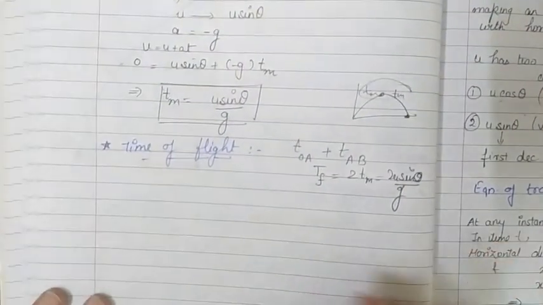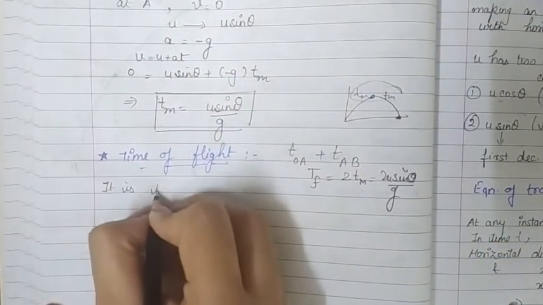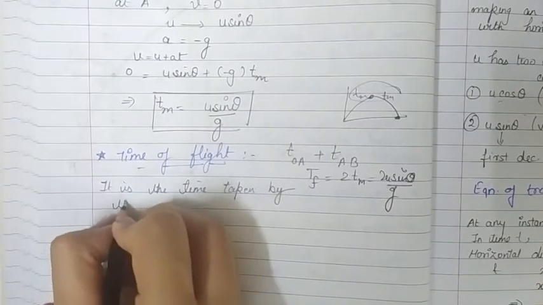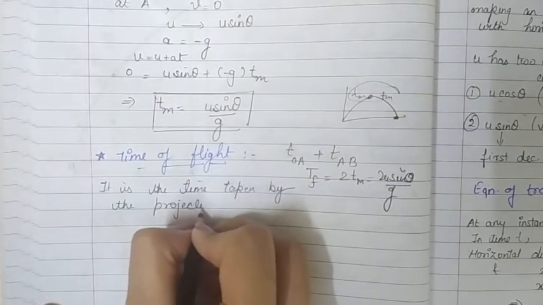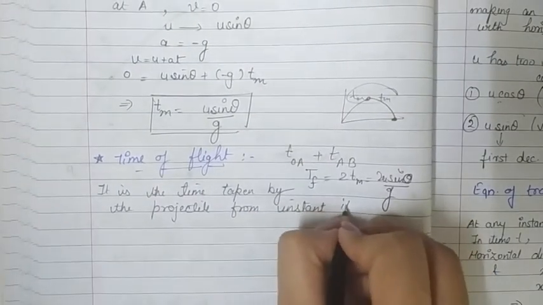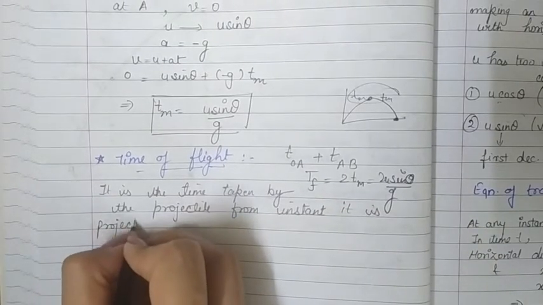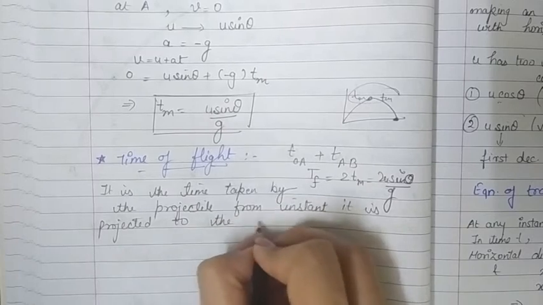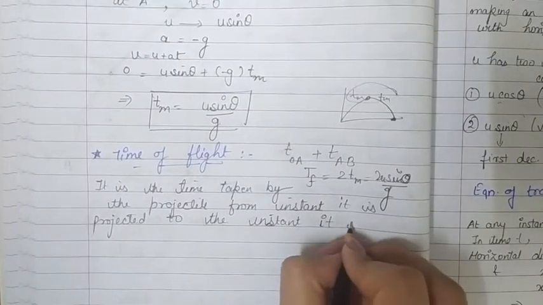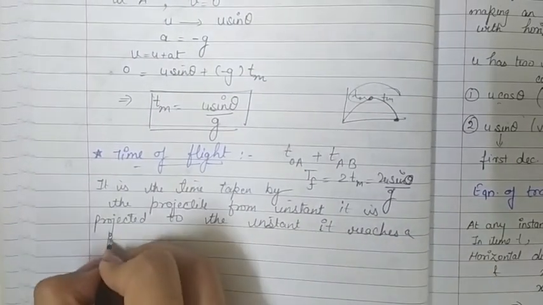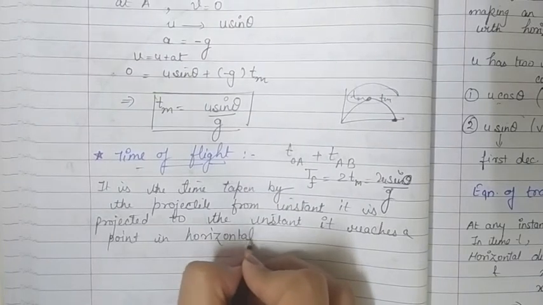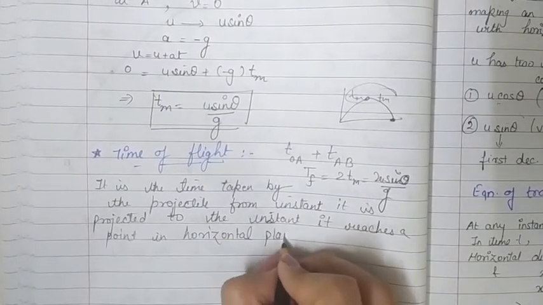So time of flight is the time taken by the projectile from the instant it is projected to the instant it reaches a point in the horizontal plane of projection. जिस प्लेन से उसको प्रोजेक्ट किया है वहीं पे आके हिट करे, horizontal plane of projection.